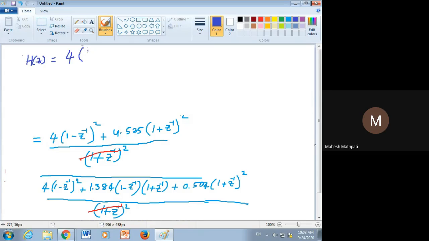It is 1 minus z power minus 2 plus 2 z inverse... so it is 1 plus z raised to minus 2, minus 2 z inverse. So here minus comes, this is minus, okay.